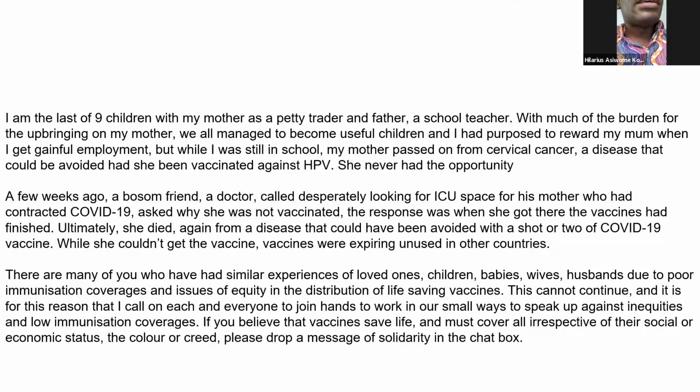And it is for this reason that we are calling on each and every one in this room to join hands to work in our small ways to speak up against inequities and low immunization coverages. If you believe that vaccines save lives and that vaccines must cover all, irrespective of their social or economic status, color, or creed, it will be useful to drop a message of solidarity in our chat box as we progress with these conversations.